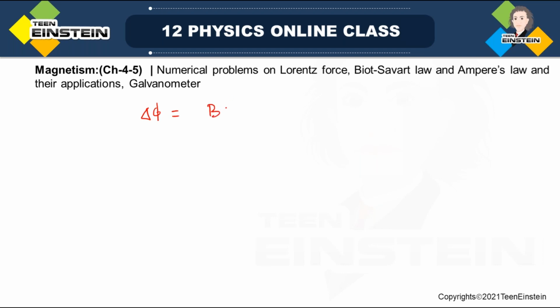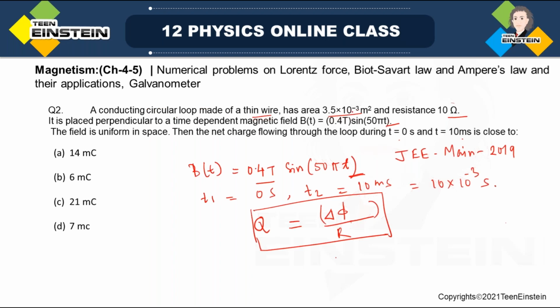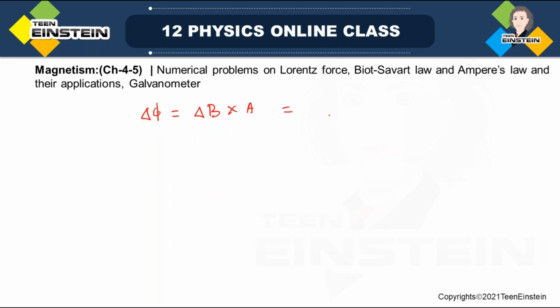The change in B into area. Area is constant. So how much is the area? The area is given as 3.5 into 10 to the power minus 3 meter square.